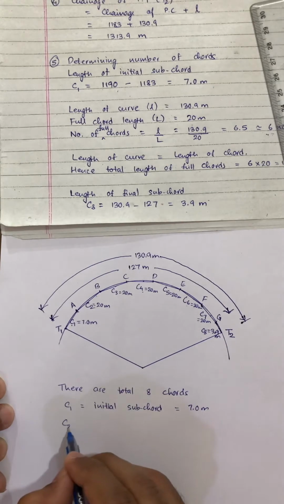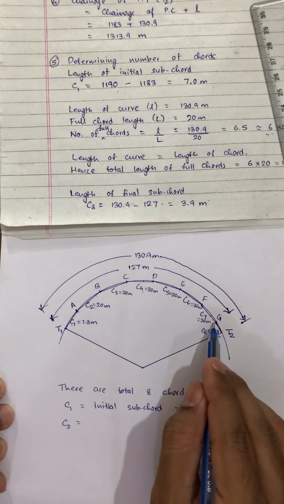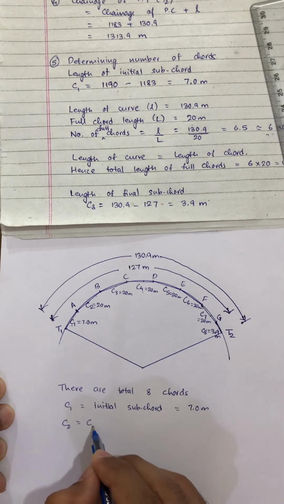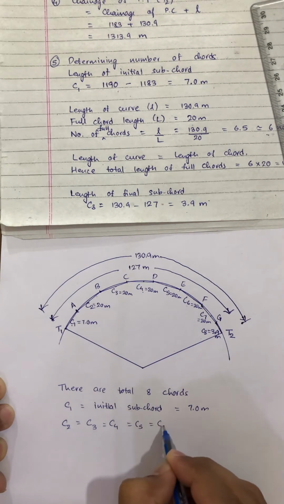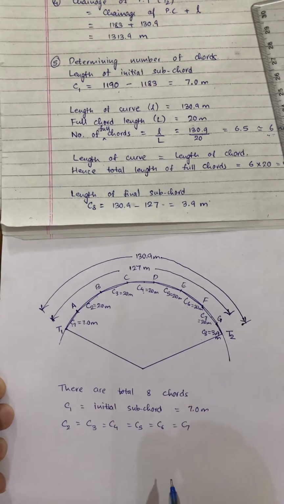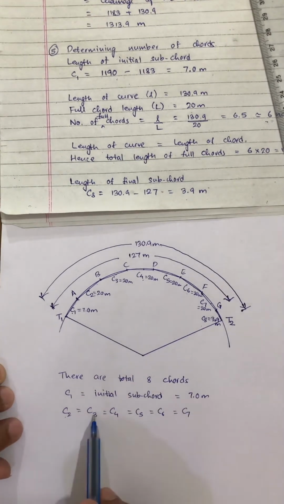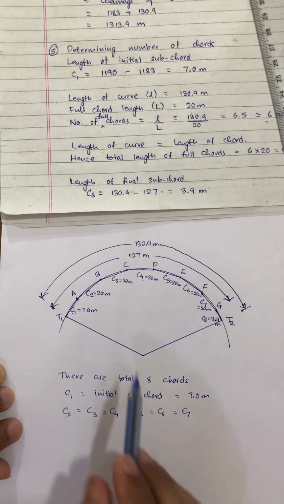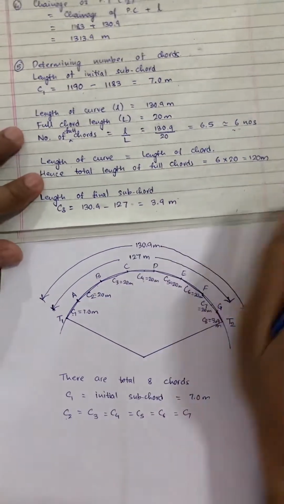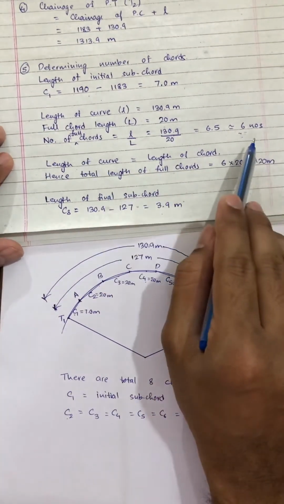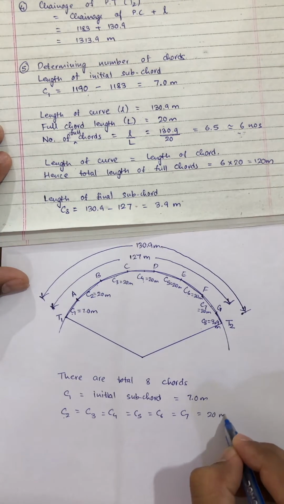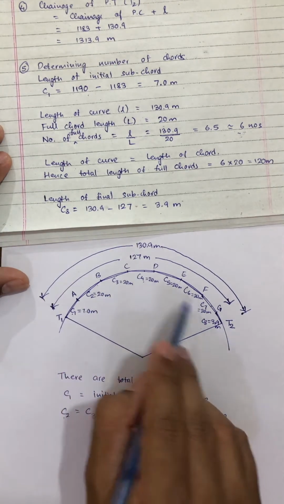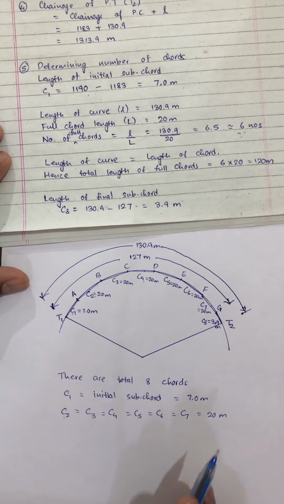From C2 till C7, all are equal, 6 full chords, and all these full chords are equal to 20 meters.